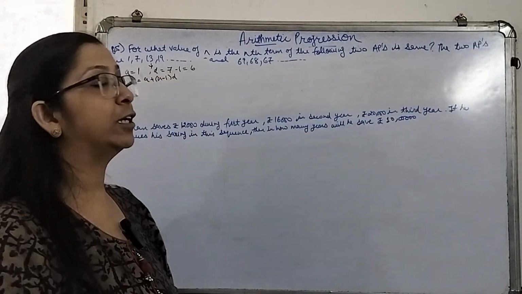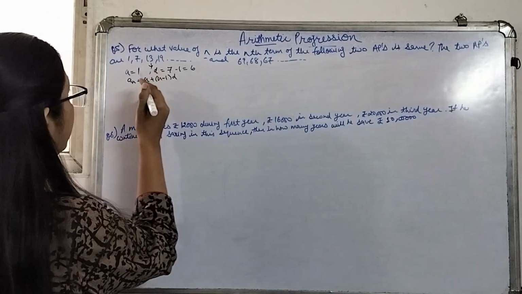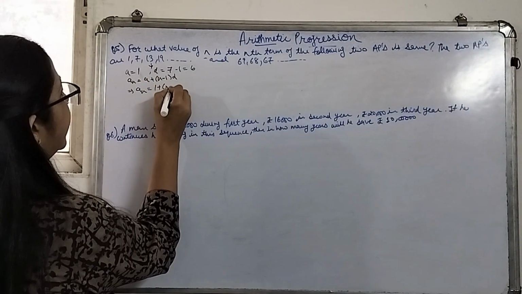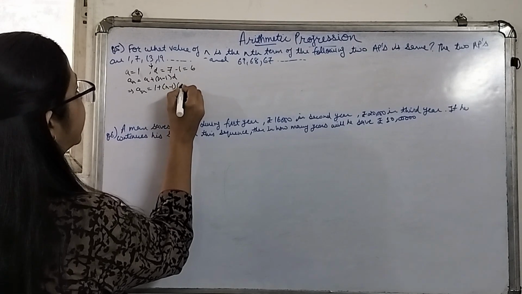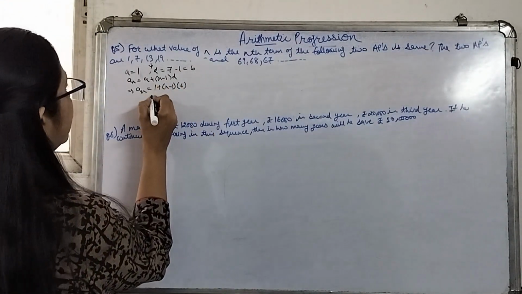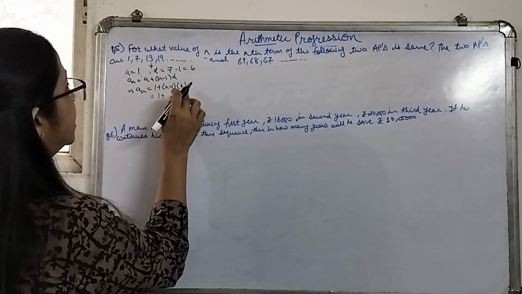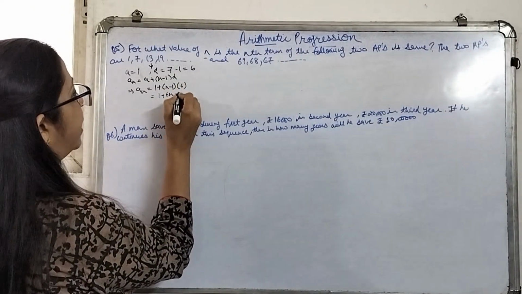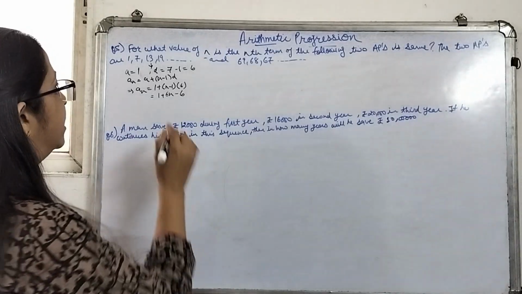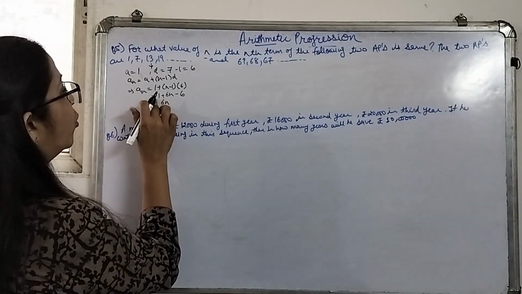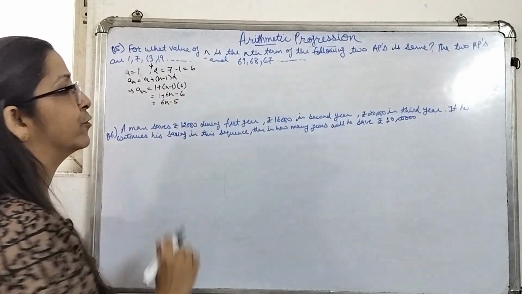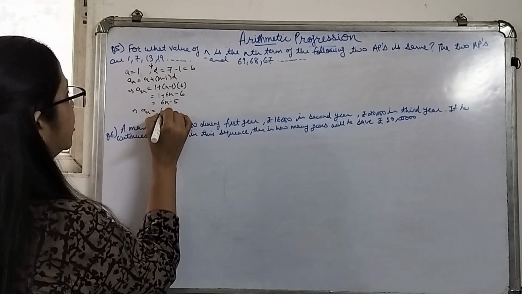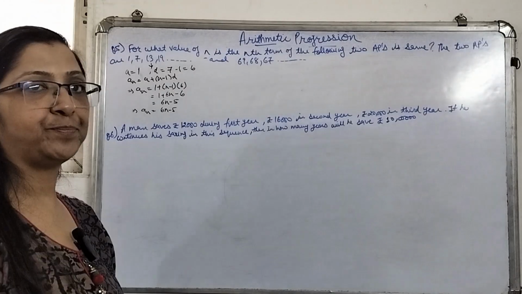If we keep the values of a and d in this formula, we get an is equivalent to 1 plus n minus 1 into 6. If we solve it further, it will be 1 plus 6n, and 6 multiplied by minus 1 will be minus 6. That is 6n, and 1 minus 6 is minus 5. Or we can say that the value of an from this series is 6n minus 5.